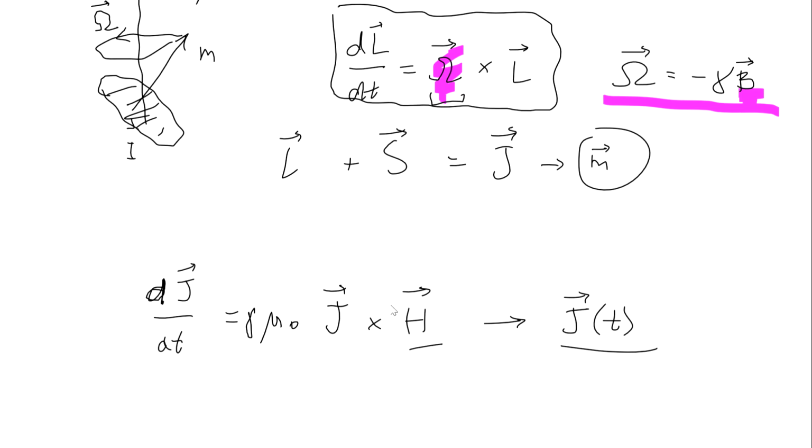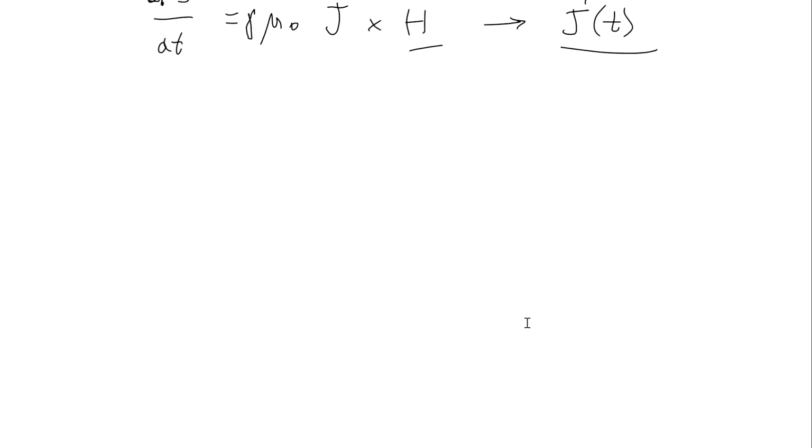And you can see that a solution of this equation is a precession. This is a single J, a single atom possessing J in a magnetic field, and we are in vacuum.